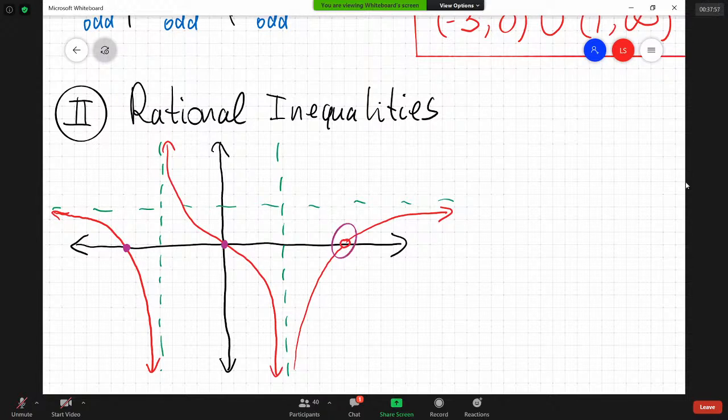I don't have one here because I have a hole there. Again, remember, a hole occurs if we can reduce out a factor, which otherwise would have given us a possible vertical asymptote.